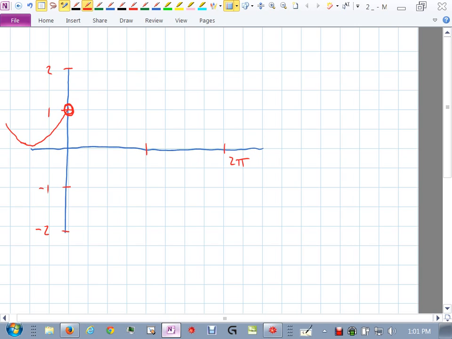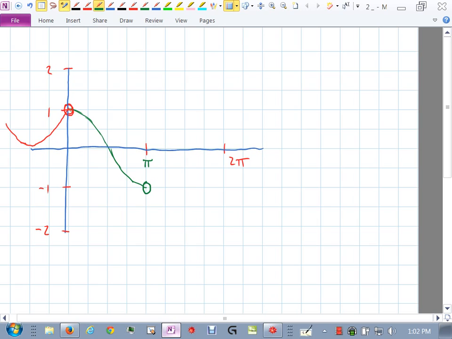The next one is cosine x, but it's between 0 and pi. So I'll do that in green. Cosine starts up here, goes down like this, and then it continues up like that. But I only want it between 0 and pi. Pi is halfway, so I will cut this right side off also and leave that as an open circle.